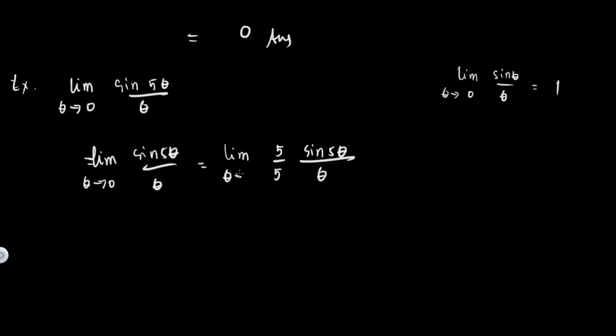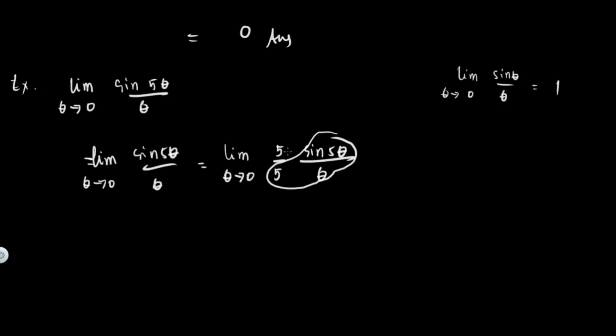So, dito, theta approaches 0. Pero, kung makikita mo, ito, yan, that is sine 5 theta over 5 theta. So, ibig sabihin, ito may kasama, magiging 5 theta, ito 5 theta na rin. So, parang ito na siya, yung ating theorem. The sine theta over theta is 1. Okay, so ito pala, the limit of this sine 5 theta over 5 theta is 1. So, kung makita mo, ito ngayon ay may 5 ka constant, no? So, that is theorem number, I think number 3. Yung may constant, no? Let's see.